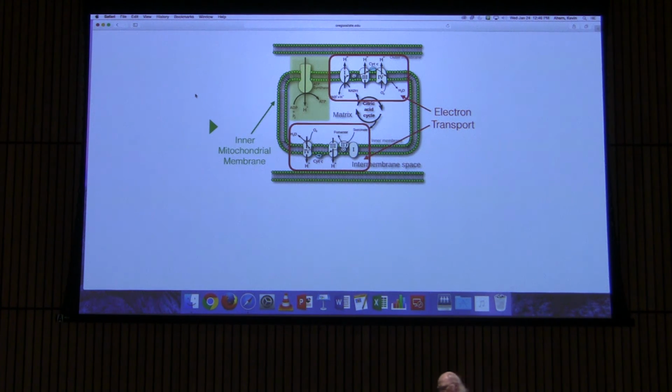Oxidative phosphorylation is using the electrochemical gradient created by electron transport to make ATP. We charge the battery by pumping protons out, and now we're going to use that battery to make ATP. The making of ATP by that battery corresponds to oxidative phosphorylation.